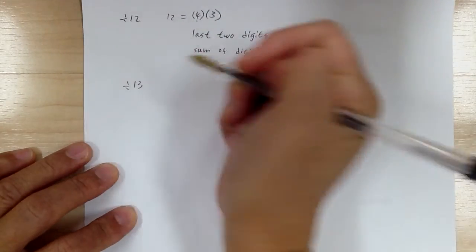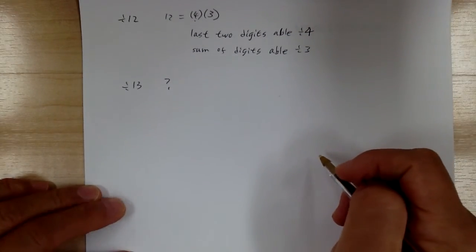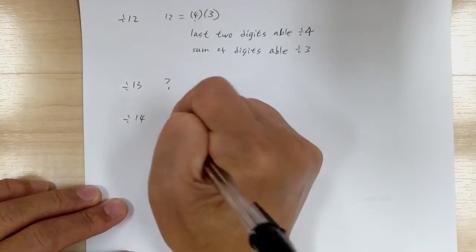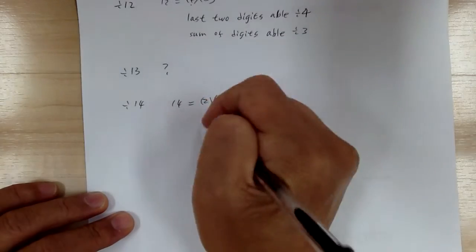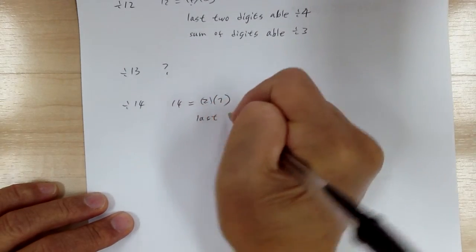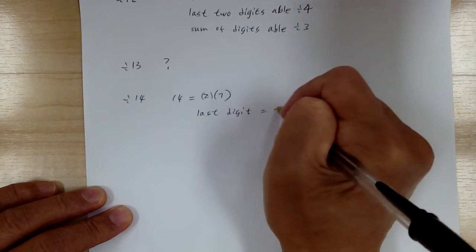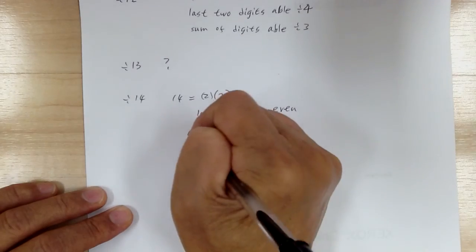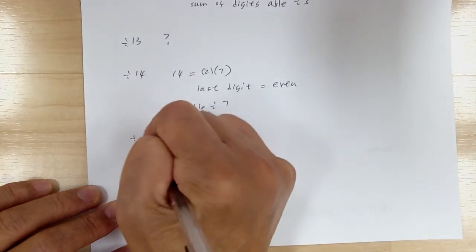Divisible by 13, this one, I don't have any information. And divisible by 14, since 14 is equal to 2 times 7, that means the last digit is even, and you have to be able to divide by 7. And divisible by 15.